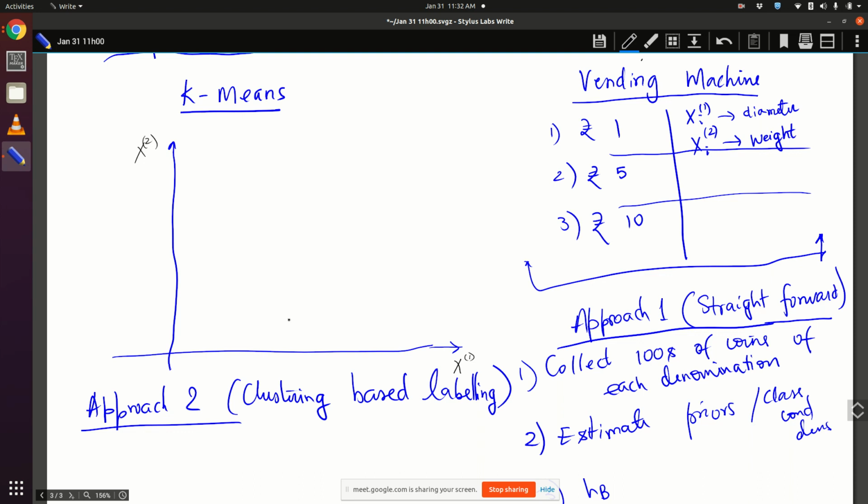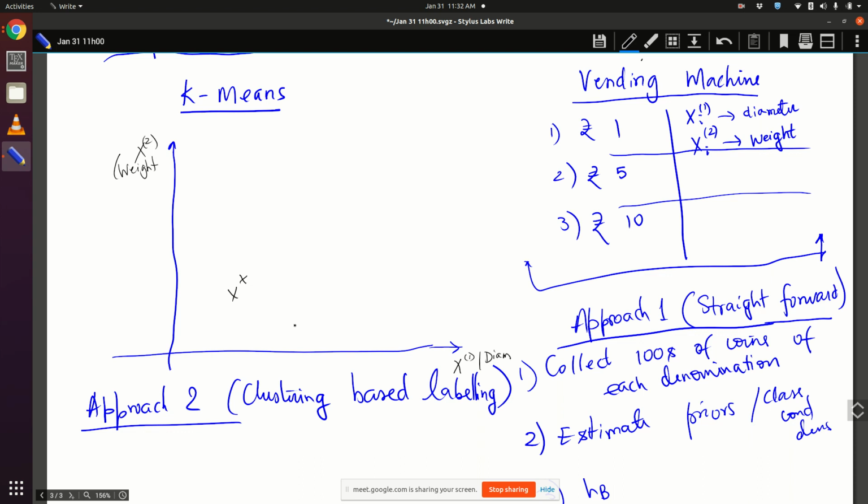So if the first coin is 1 rupee, it doesn't have too much diameter and doesn't have too much weight, so it will be here, right? This is my, let's say, diameter, and this is weight. Second coin, when I run it, perhaps it's also a 1 rupee, but we don't know that, so that also falls here.